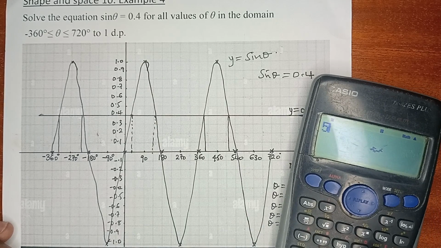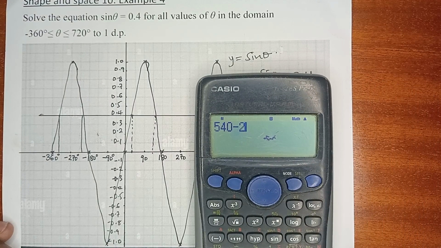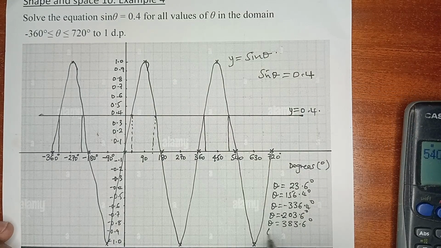So 540 minus 23.6 degrees gives 516.4 degrees. Theta can also be 516.4 degrees, and those are the solutions of that equation.